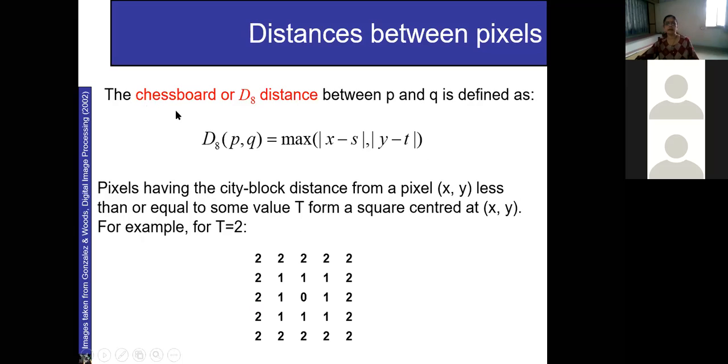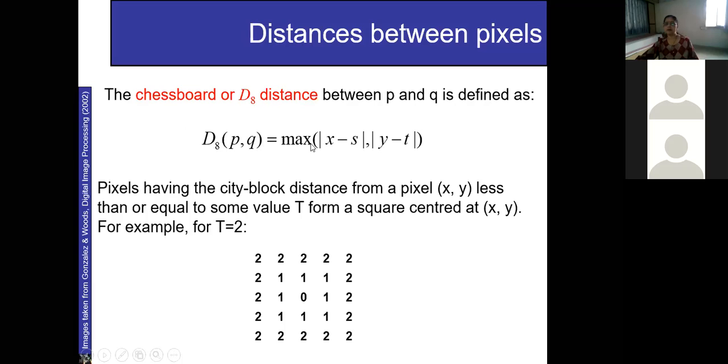Then the third method, that is the chessboard method or D8 distance method. As all the 8 neighbors are treated equally for the chessboard pattern, this is also known as the D8 distance method. So the formula for the chessboard method is as given here.